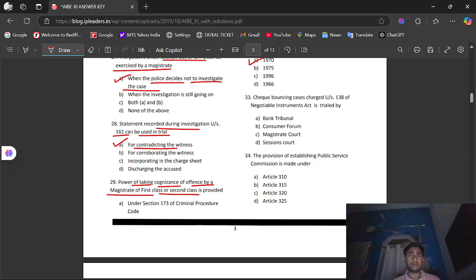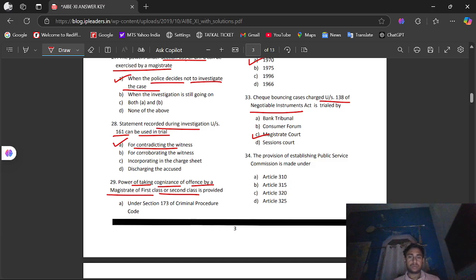Question number 33. Cheque bouncing cases charged under section 138 of the Negotiable Instruments Act are triable by option A, Bank Tribunal, option B, Consumer Forum, option C, Magistrate Court, option D, Sessions Court. The right option is option C, which is Magistrate Court.